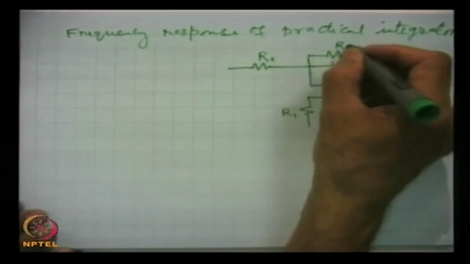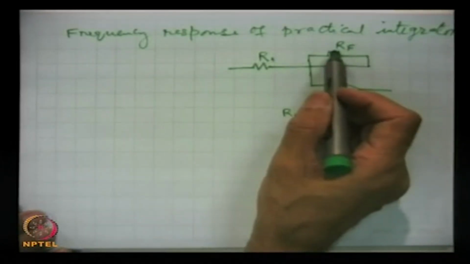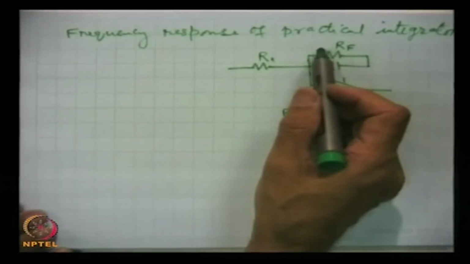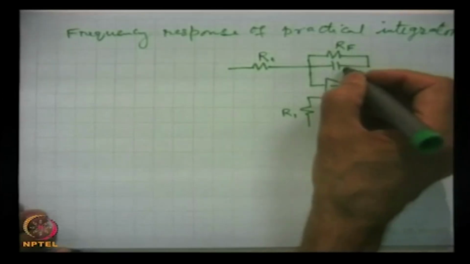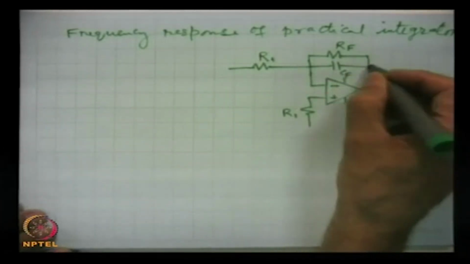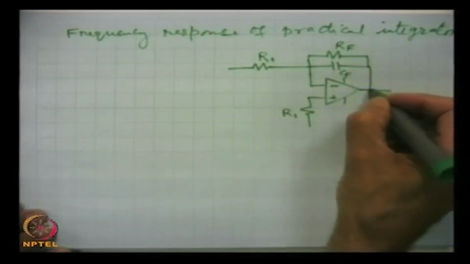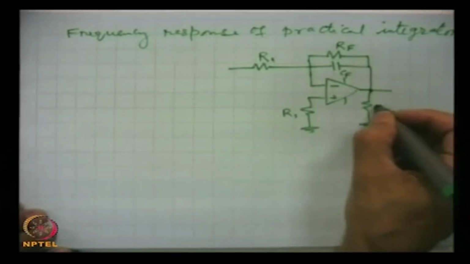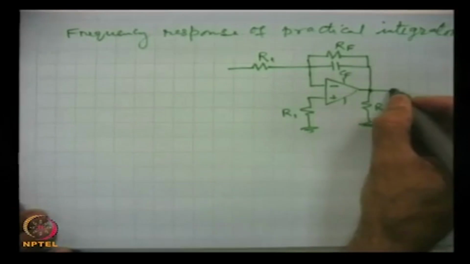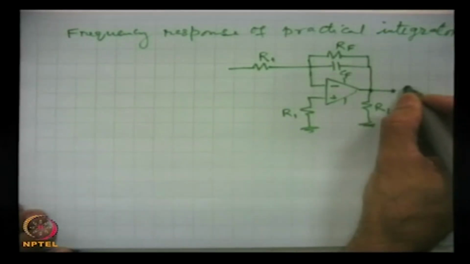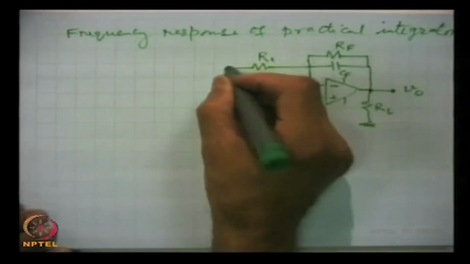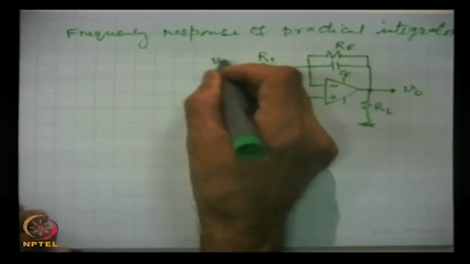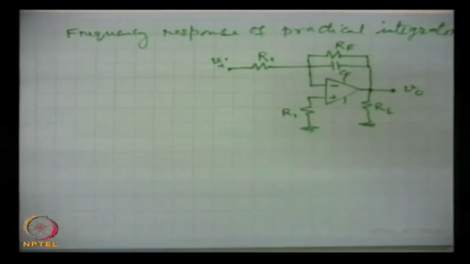This is RF, the resistance we have included, and this is CF, and this is connected here, and this is the load across which we take the output, and here we connect the input. So, this is the practical integrator.